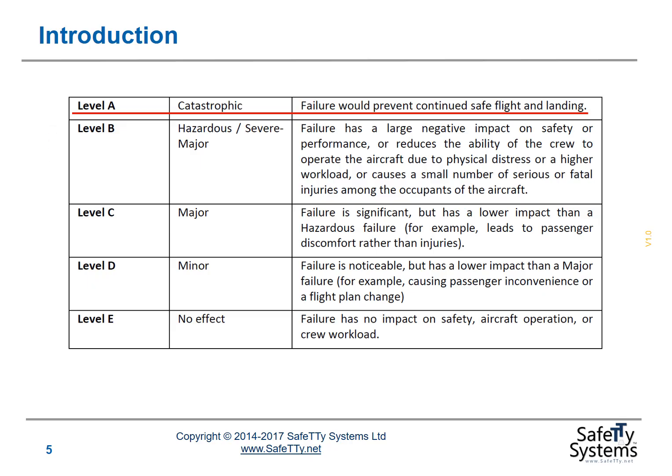As far as DO 178C is concerned, failure has a large negative impact on safety or performance, or reduces the ability of the crew to operate the aircraft due to physical distress or a higher workload, or causes a small number of serious or fatal injuries among the occupants of the aircraft. So even at level B, we're assuming that failure of the system may lead to fatal injuries. Level A is one step above that.